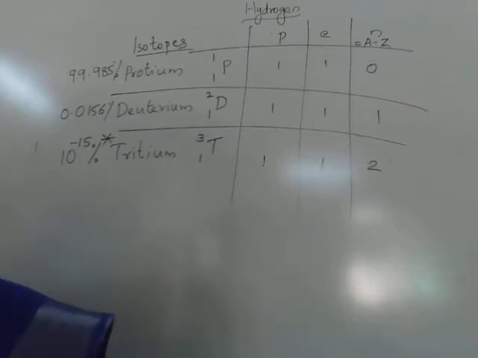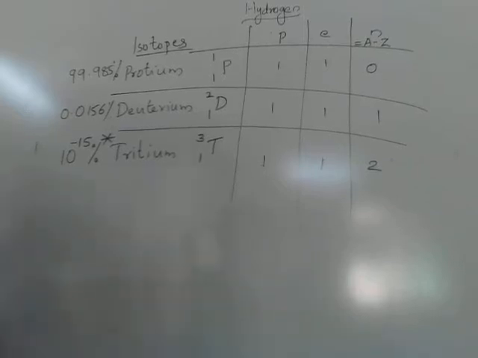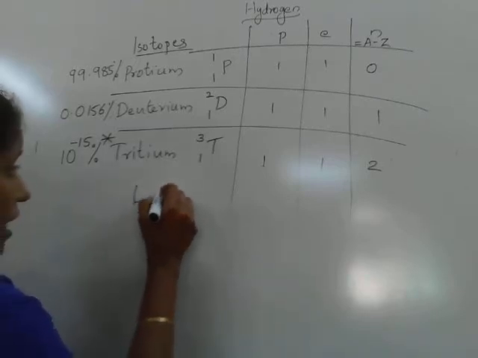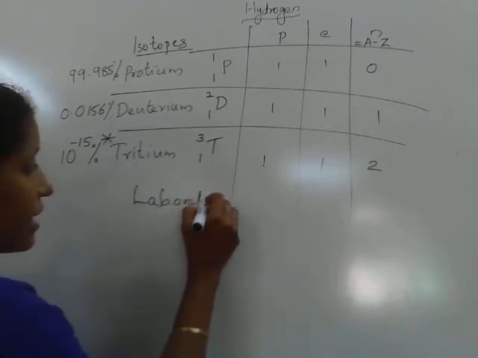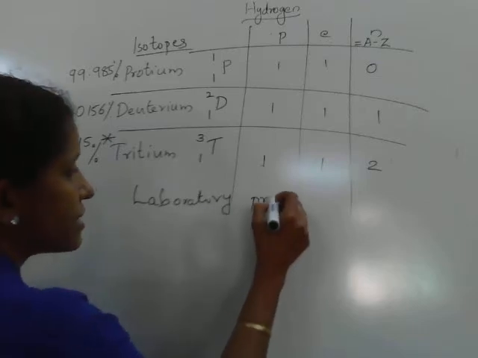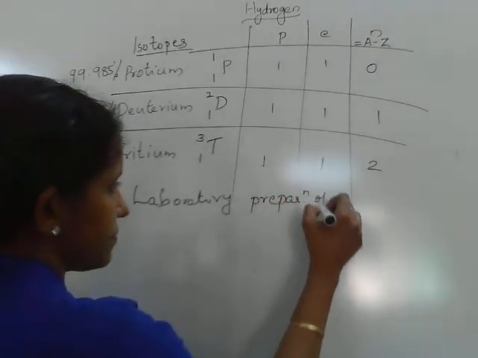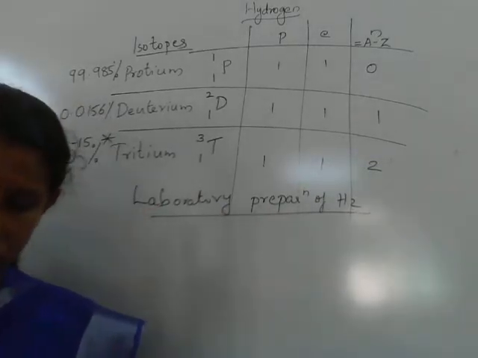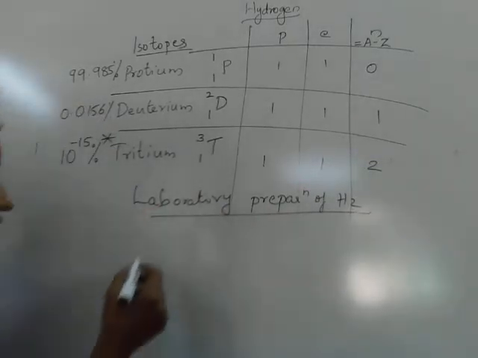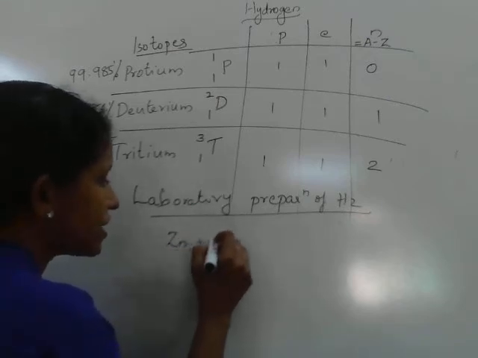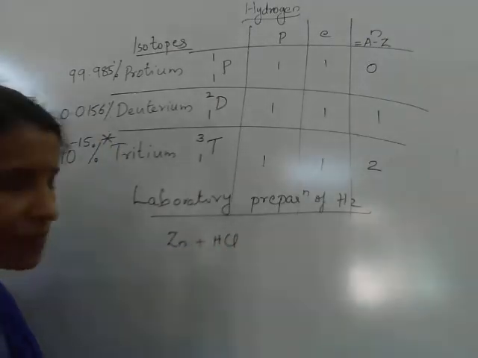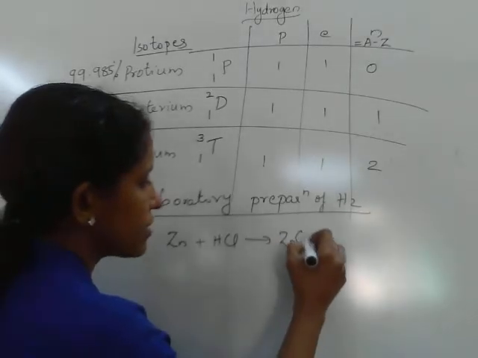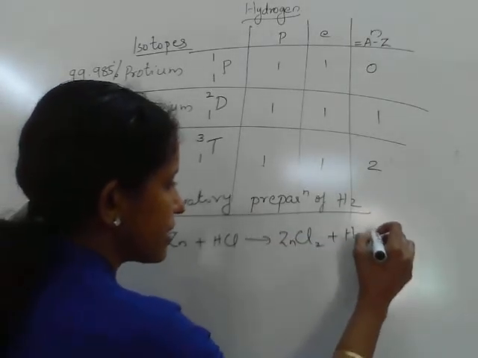The isotopes of hydrogen. Now let's discuss the preparation of hydrogen. First, laboratory preparation. How to prepare dihydrogen in the lab. We can prepare dihydrogen in a test tube by treating zinc metal with hydrochloric acid. Here we get zinc chloride and hydrogen gas.